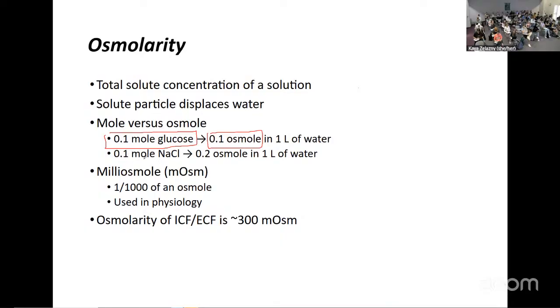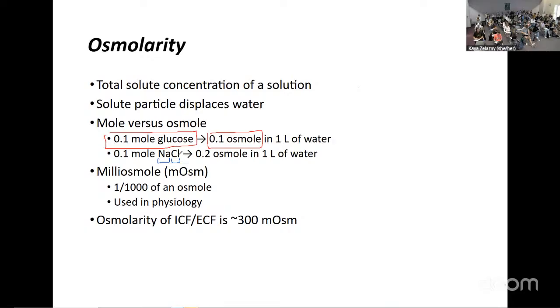So if you have 0.1 mole of sodium chloride, we're going to have to think about the effects that the sodium has on the water and the effects that the chloride separately has on the water. In your mind, you're going to split that sodium and chloride apart. You're going to think, okay, I have 0.1 mole of sodium. I have 0.1 mole of chloride.